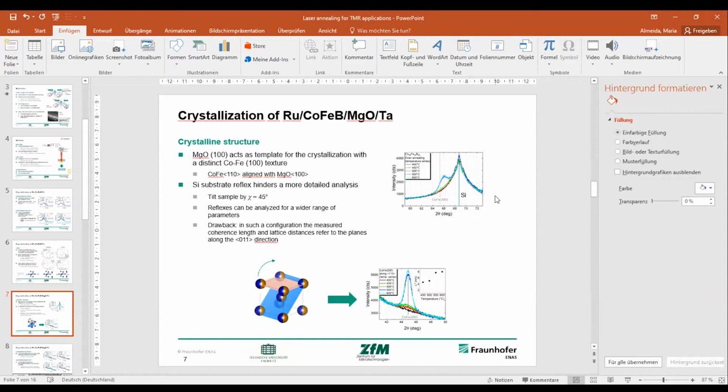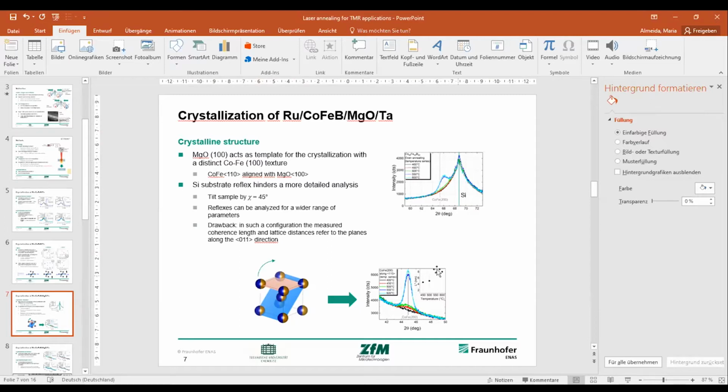The problem here is that due to our silicon substrate, we could not depict all the peaks for all the temperatures. So we used a trick, and we performed the measurements tilting the samples by 45 degrees.